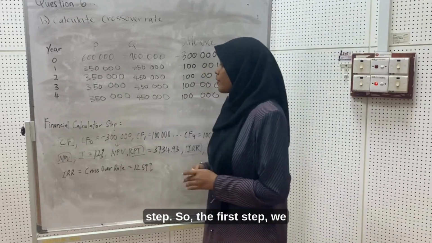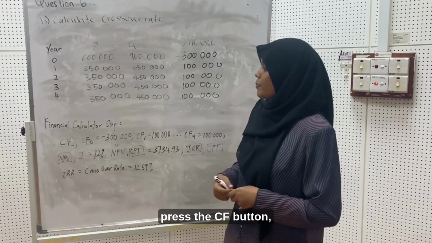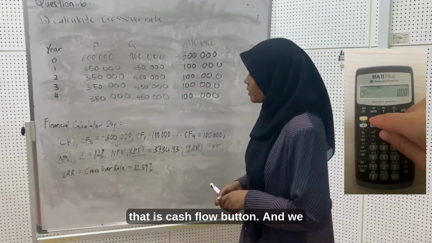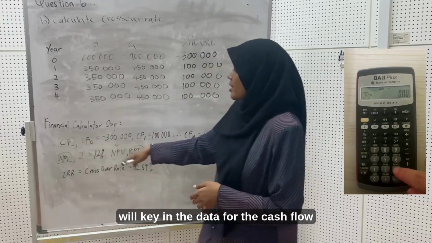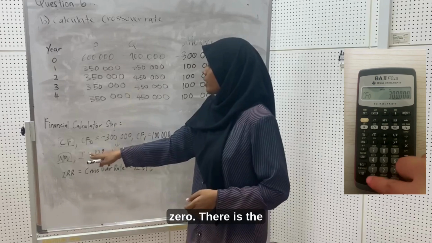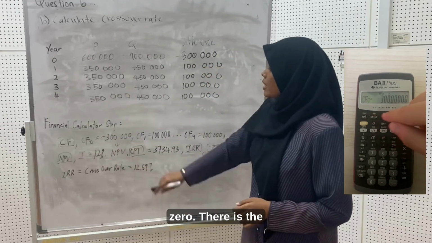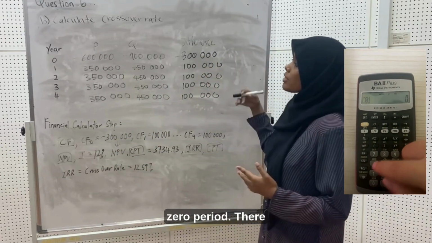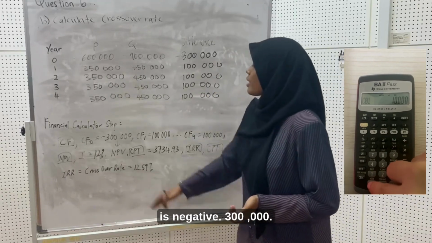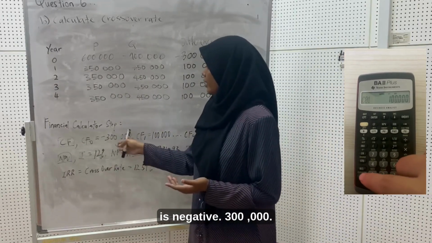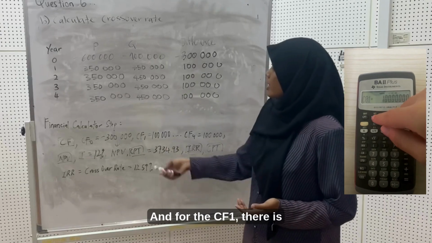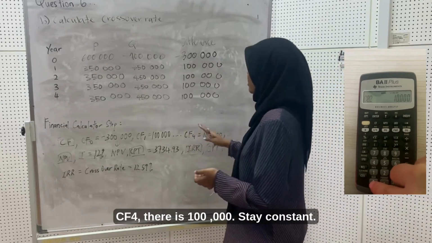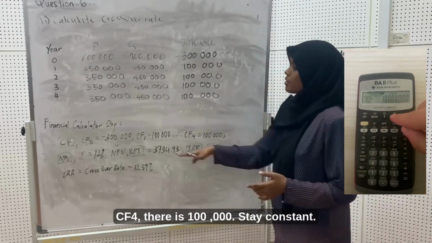The first step, we press the CF button, that is the cash flow button, and key in the data. For cash flow 0, the difference of the 0 period is negative 300,000, and for CF1 there is 100,000, and until CF4 there is 100,000, staying constant.